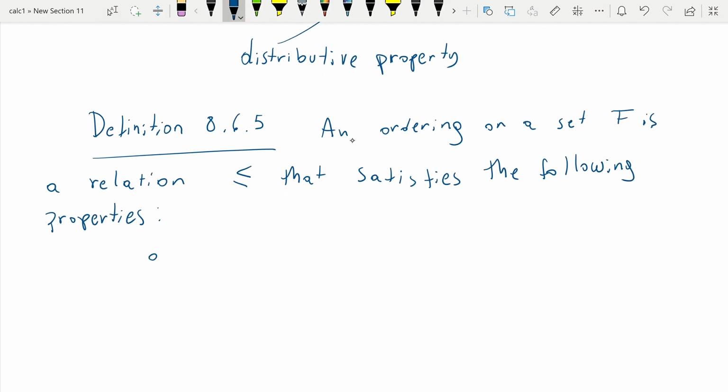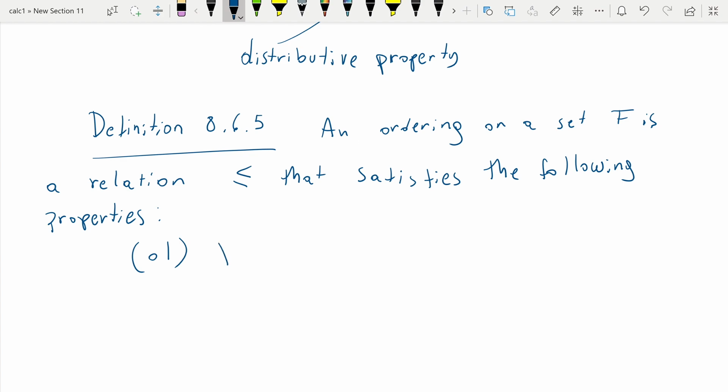First one, called ordering 1, is that all elements can be compared with any other element of the set.